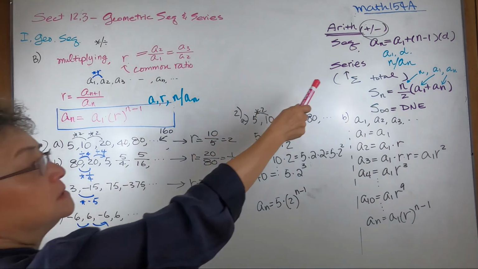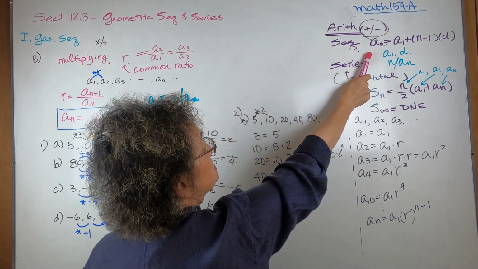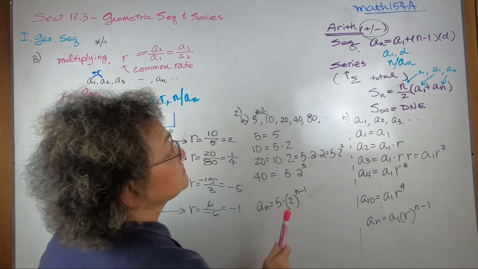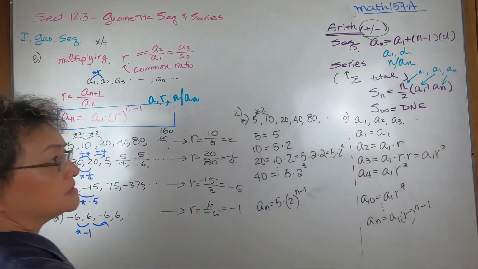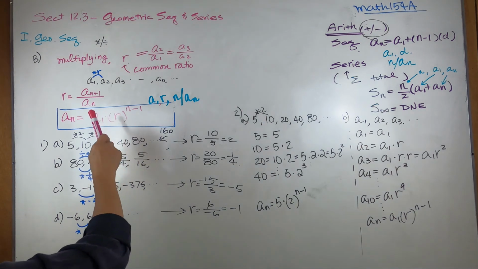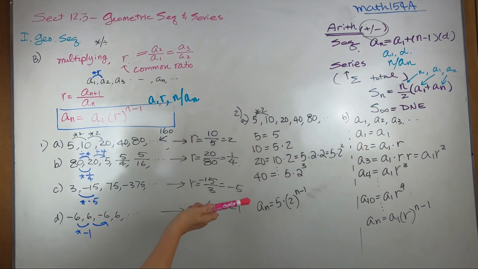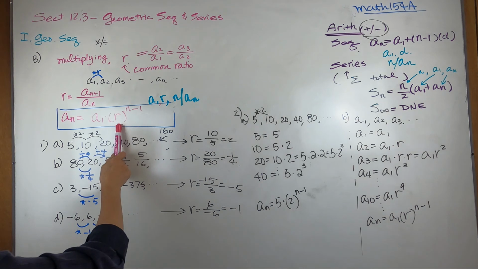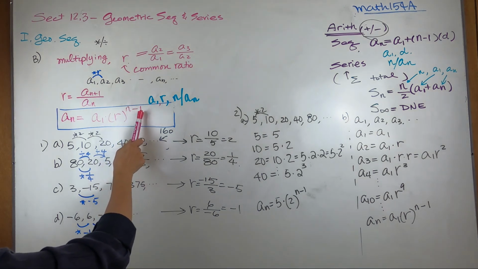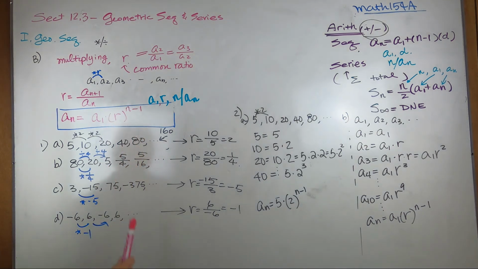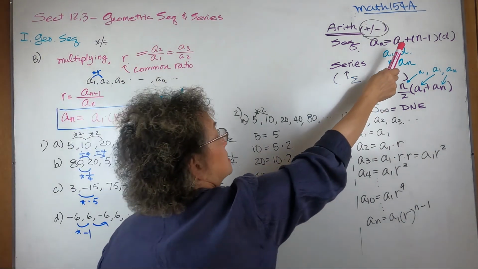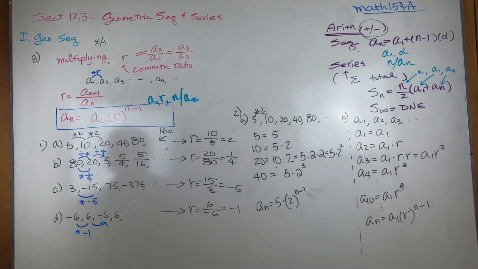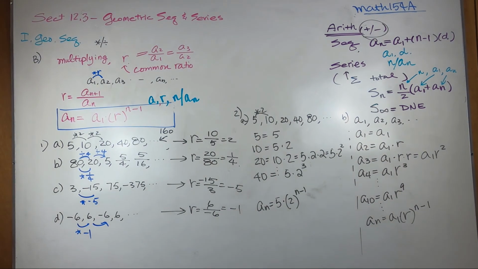Okay, like an arithmetic sequence, where you add the difference n minus 1 times. But for a common ratio, you multiply n minus 1 times by R, instead of adding. That's the pattern we have for geometric sequences.